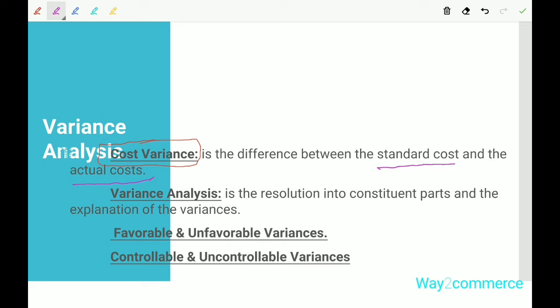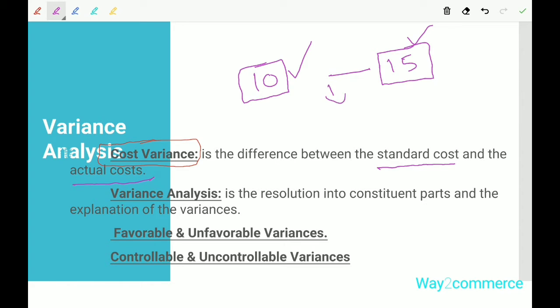Predeterminedly, we estimated 10 rupees as per our previous estimation. Actually, in the shop the price is 15 rupees. So the difference is the variance. 5 rupees is the variance. So the cost variance is the difference between the standard cost and the actual cost.